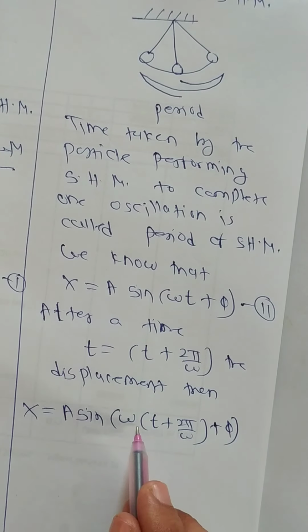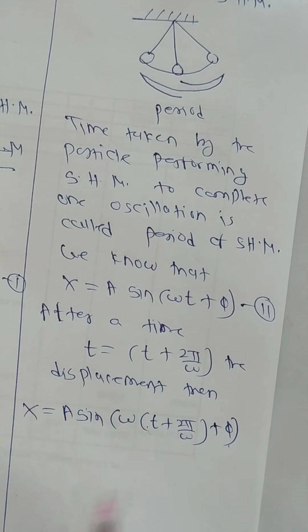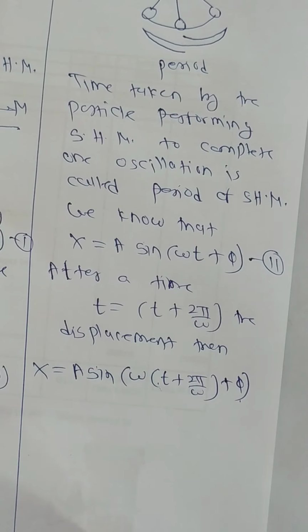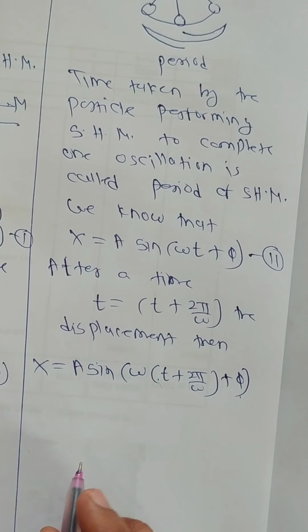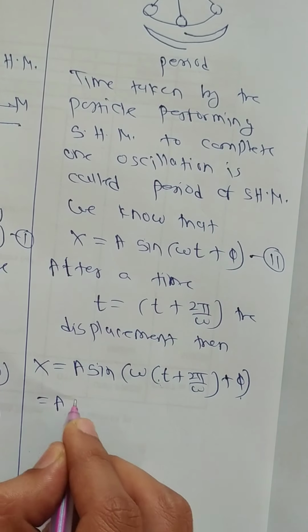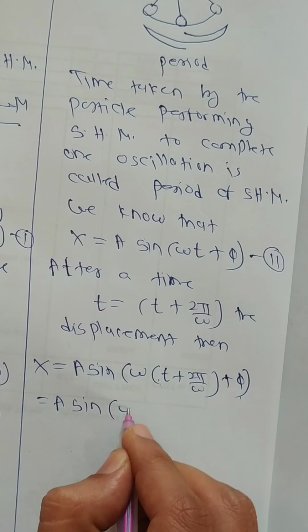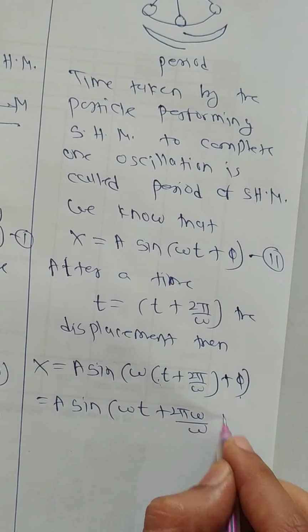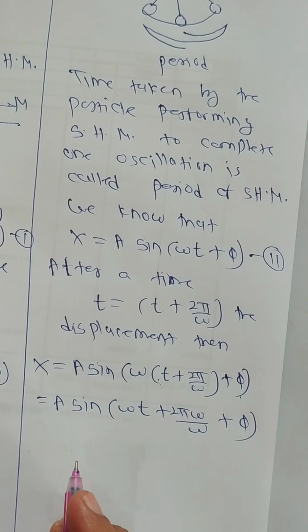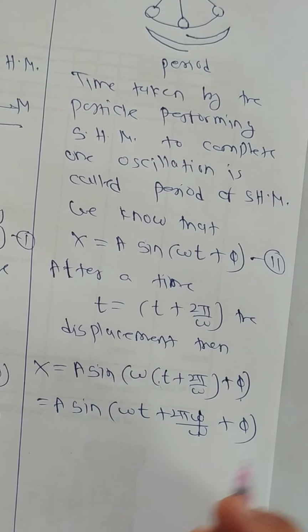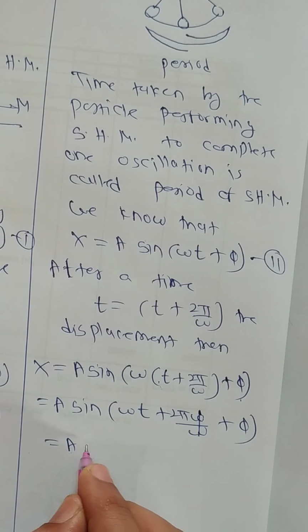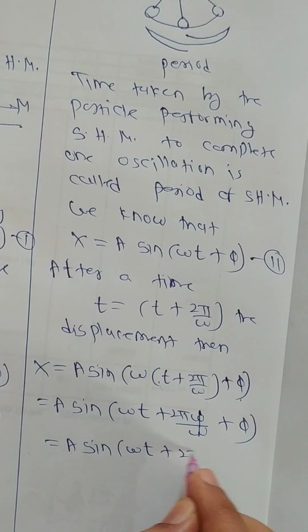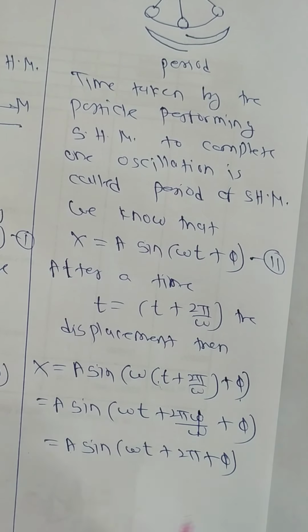Now multiplying this bracket by omega, it will be a sine of omega t plus 2 pi omega upon omega plus phi. Omega will cancel out, which is equal to a sine of omega t plus 2 pi plus phi.